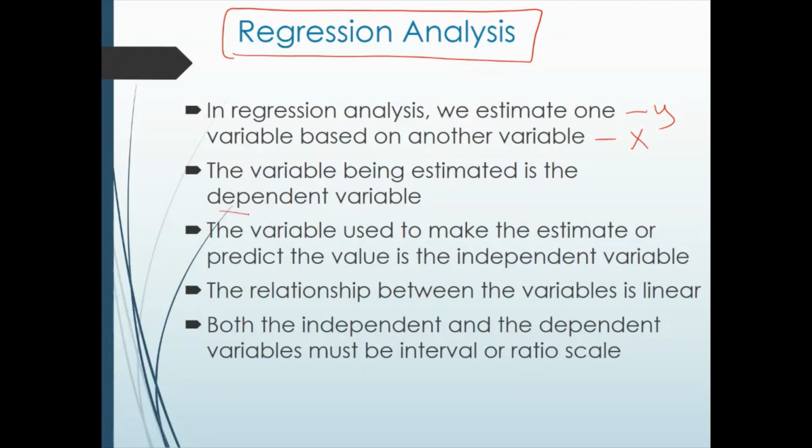The variable estimated is the dependent variable, just like before. The variable used to make the estimate, or predict the values of y, is called the independent variable x. Same story. Now, the relationship needs to be linear for us to have a regression analysis, which is what you see in the scatter diagram.